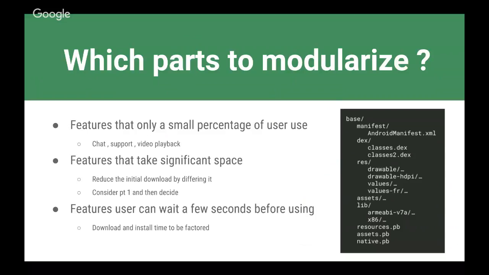The second one are features which take significantly large space on the disk, which will increase the install friction. You might want to defer that to a later point of time for install, or to when the user first wants to use that feature. So they are also good candidates to move out.